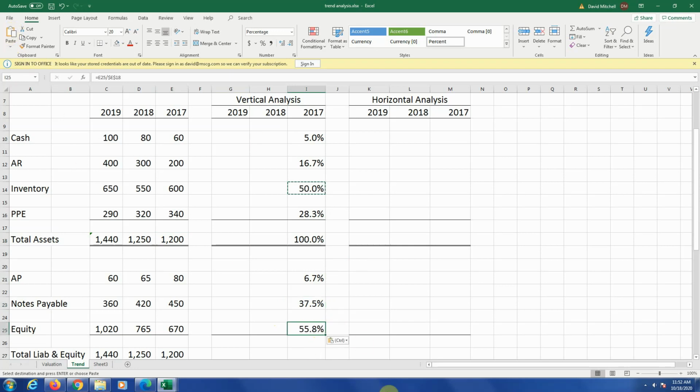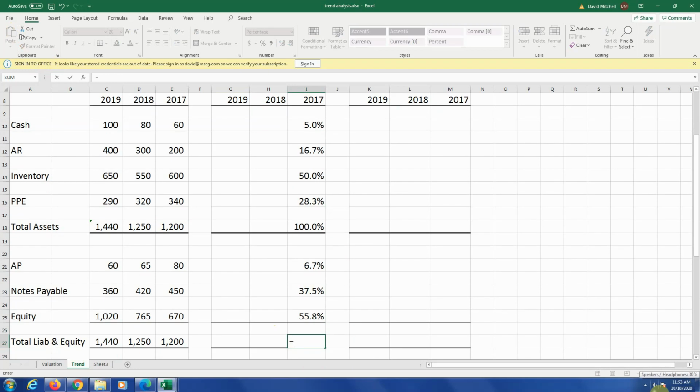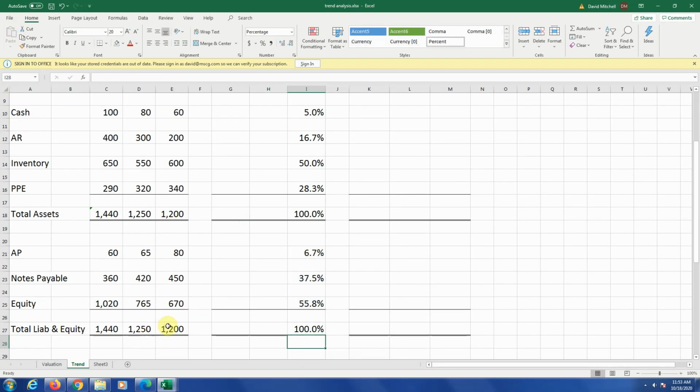And equity would represent 55.8%. Total liabilities and equity, remember, assets equals liabilities and equity, so that would have to equal 100% of our total assets, because this number and this number are the same.